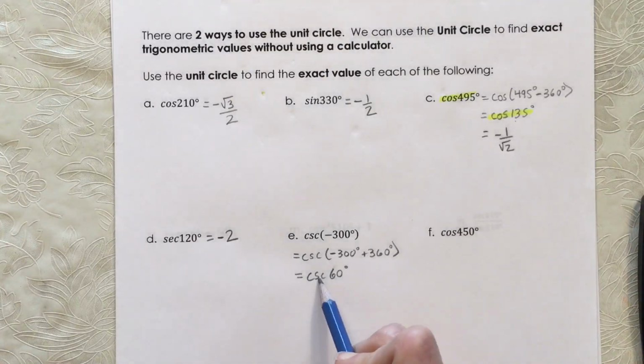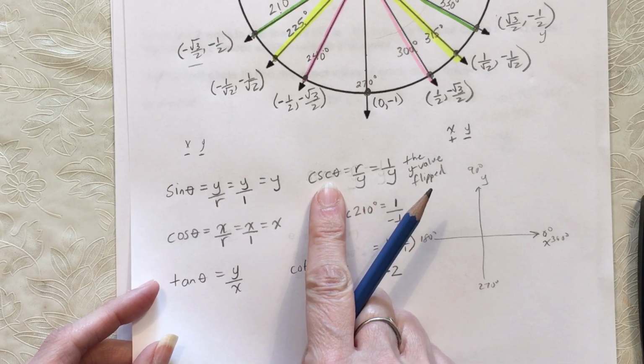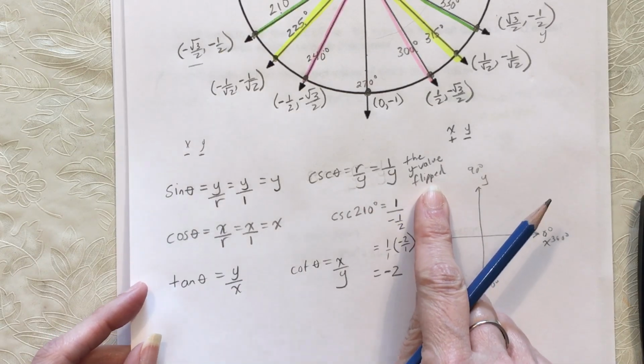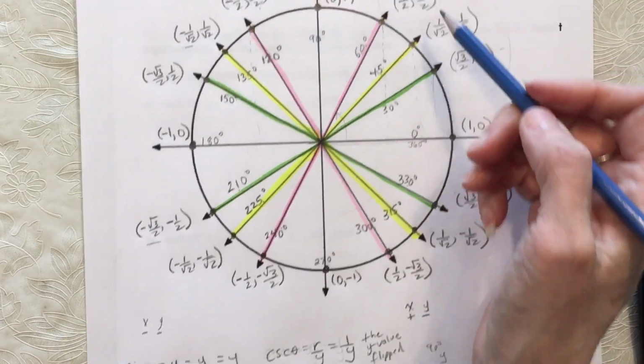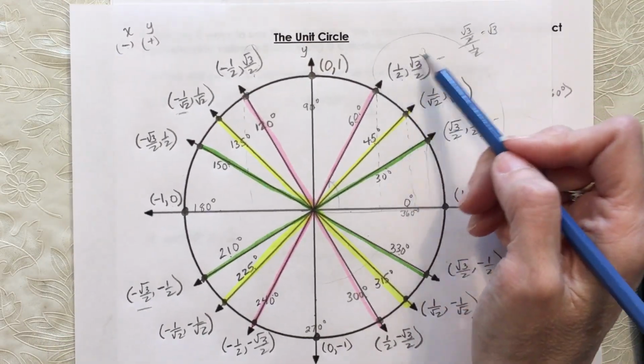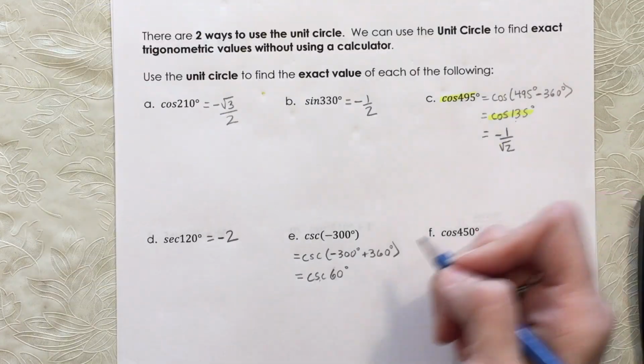But remember, cosecant is related to sine, so it's going to be the sine flipped upside down. And we said that on the unit circle, sine is y, or cosecant is the y value flipped. So the cosecant of 60 is going to be, if you look up here, the y value, which is root 3 over 2, flipped upside down, so 2 over root 3.